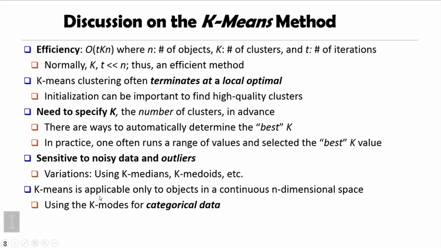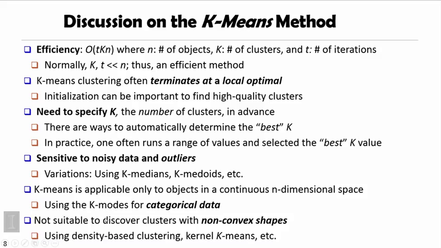People invented an alternative called the k-modes algorithm. Another important thing to know is that because we use the sum of squared distances, it is not good for finding clusters with non-convex shapes or non-circular shapes. What you find is something closer to a ball. So we can use density-based clustering or the kernel k-means algorithm if we have non-convex shapes. We are going to introduce these algorithms later.